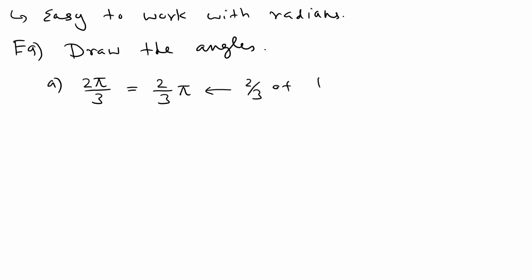That is the easiest way to look at this rather than evaluating the angle. Straight angle means pi. So you only get 2/3 of that. We're going to cut it into 3 parts and pick 2 of them. So it's going to look like this.